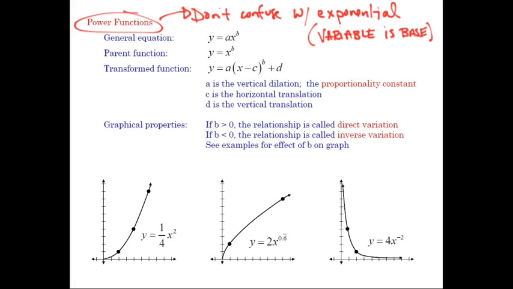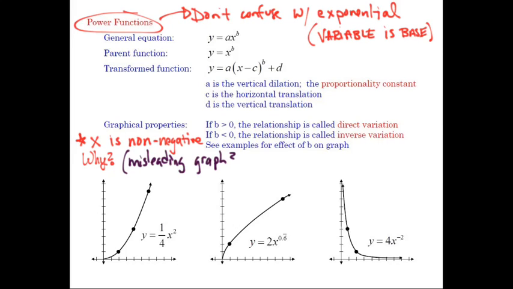And so, again, the variable is the base. That's a key idea. We want to make sure, because we're going to have a different one in exponential where the variable is the exponent. And then we have our different pieces where we have some restrictions on x, where x is non-negative, and we'll talk about why down the road that has to be a restriction. If you think about it, you could graph these things, right?